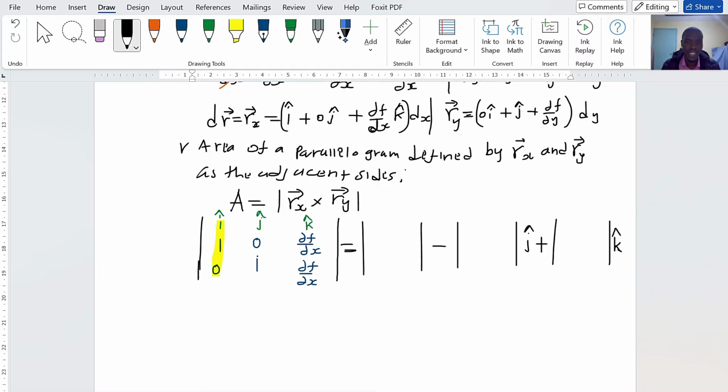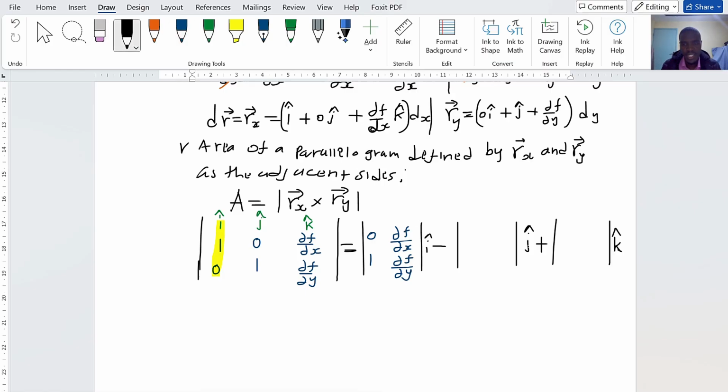So our matrix will be formed by the following. If you close i, our matrix is 0, 1, then we have df over dx, then we have df over dy. Oh, sorry, this one was dy. Now that one will be i.